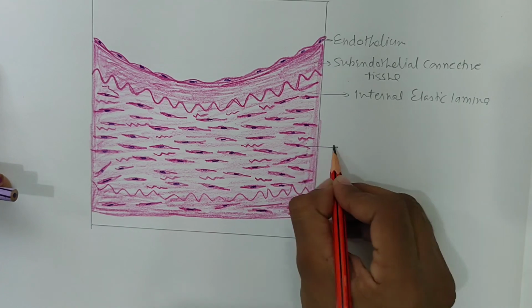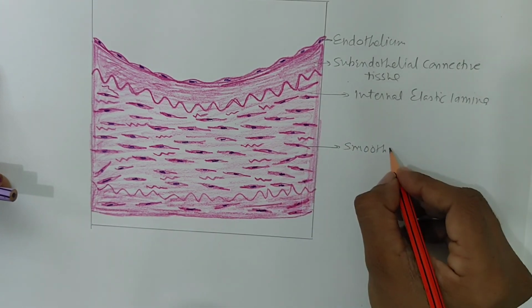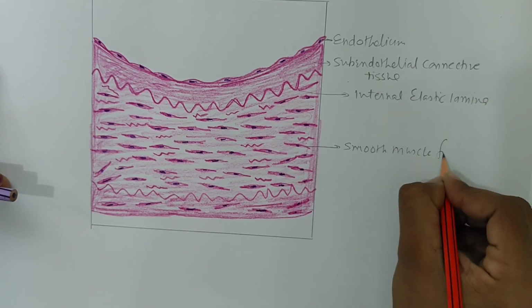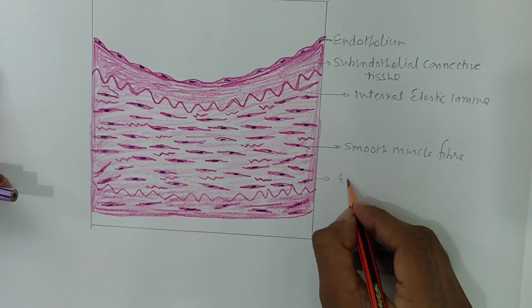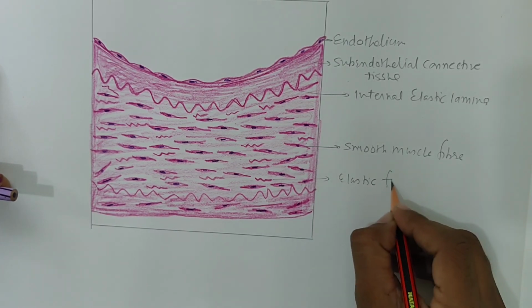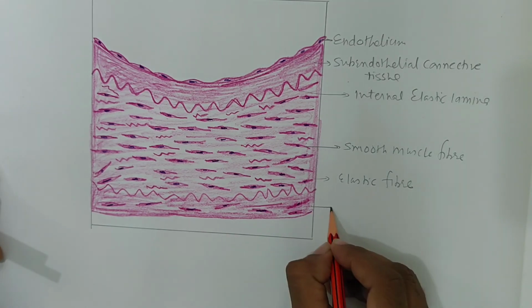Here are a very large number of smooth muscle fibers, and these are the small number of elastic fibers. And this is the tunica adventitia.